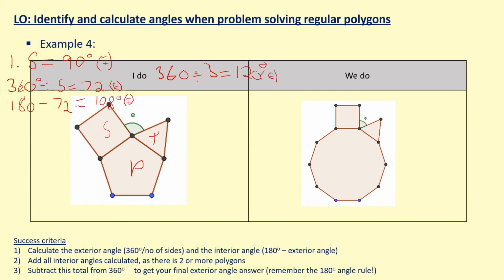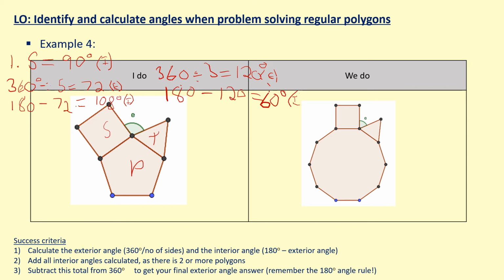We take that 120 from our 180 to get our interior. Subtract 180, subtract 120 equals 60, and then that's our interior.